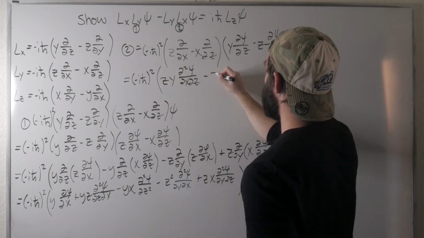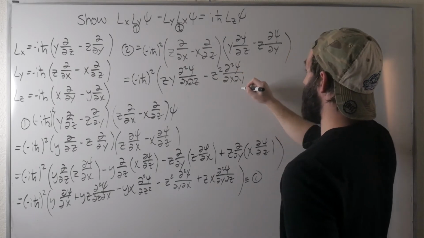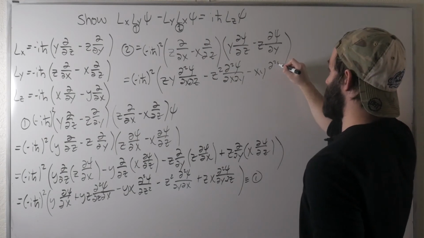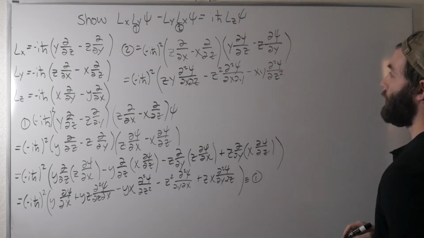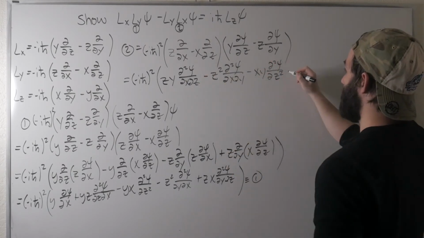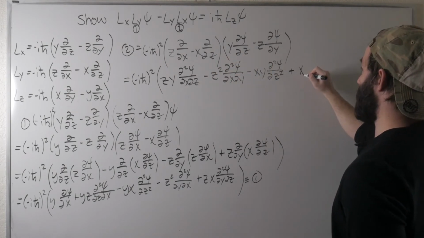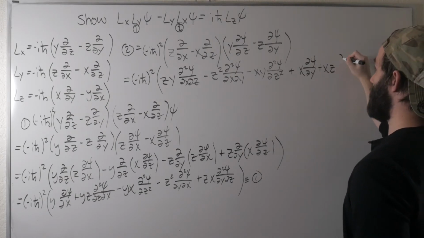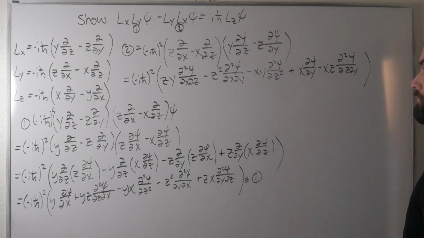Minus z² d²ψ/dx dy minus xy d²ψ/dz². And then finally we have the product rule one. So minus signs on both, so it's net positive, plus x dψ/dy plus xz d²ψ/dz dy. Fantastic. So this is equation 2.